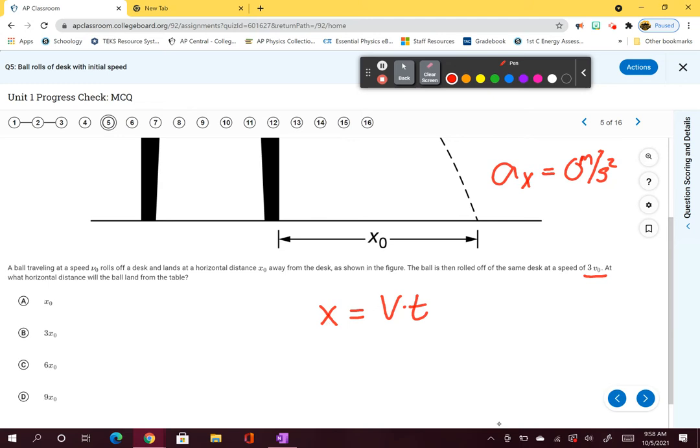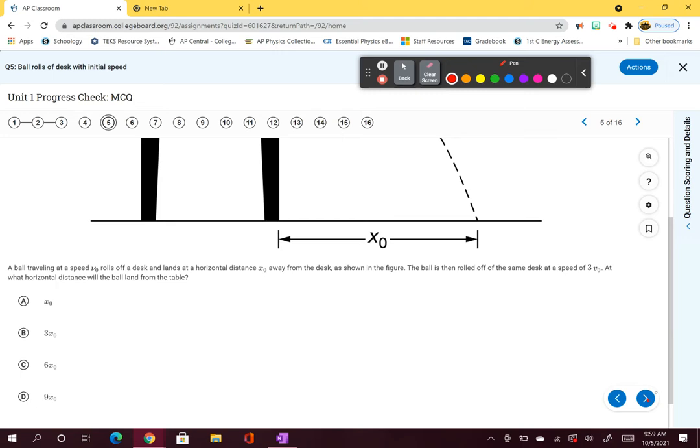Your distance equals your velocity times time. So if you increase your velocity, you're going to increase your position or your distance. That's called a direct relationship. So since your velocity increased by 3, guess what? Your distance is going to increase by 3. Yay!